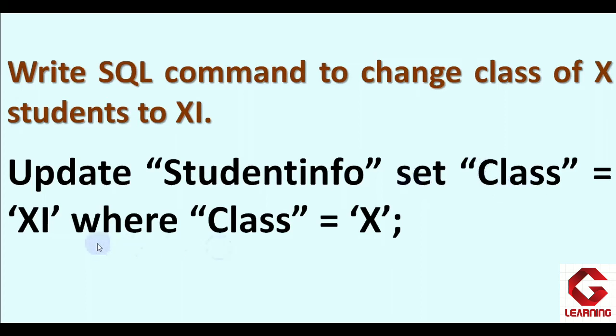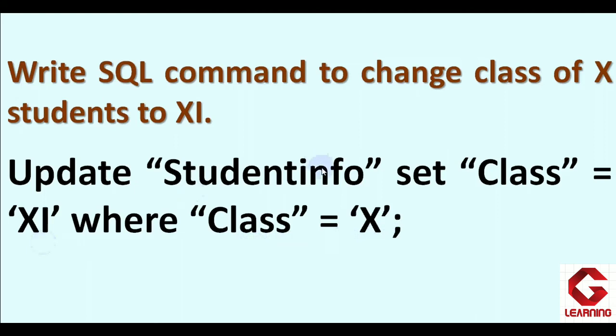But here the condition is that wherever the class column value is 10, we have to change its value to 11. So this is the condition: where class equals 10, and thereafter the end of the update command. So wherever the class column value is 10, it will get changed to 11 in the student info table.